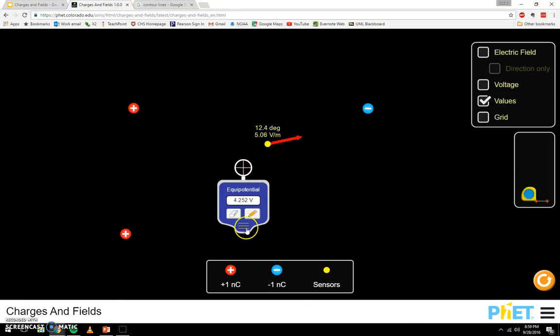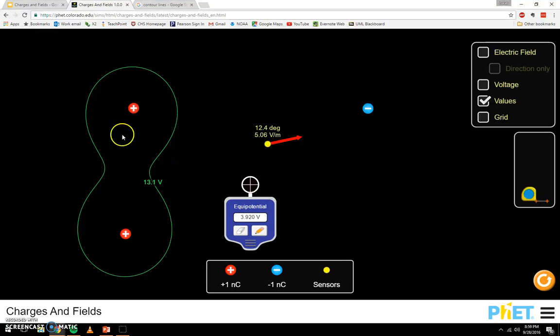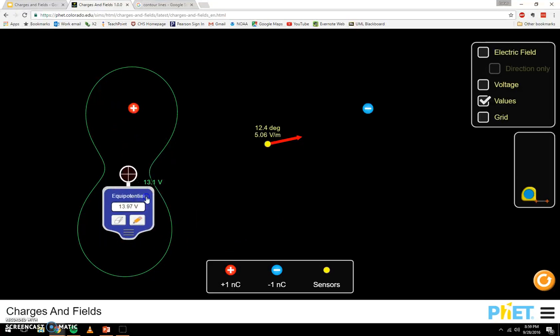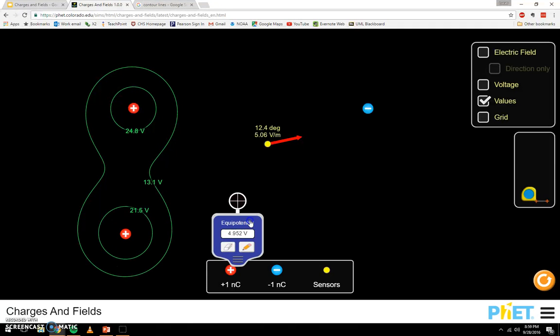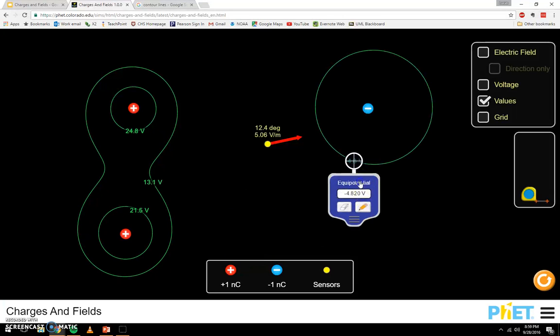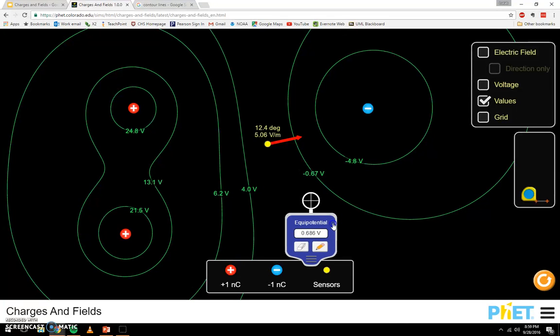So if we have a couple of positive charges and we draw an equipotential line, you notice that it's kind of like having two peaks at the very top of a mountain with a saddle in between. I don't know if you're familiar with hiking or topographical maps of some kind. So you could create your equipotential lines. All of these lines connect the dots that have identical values of electric potential.